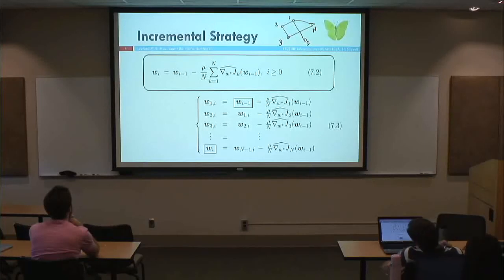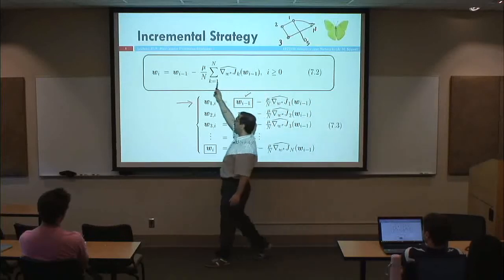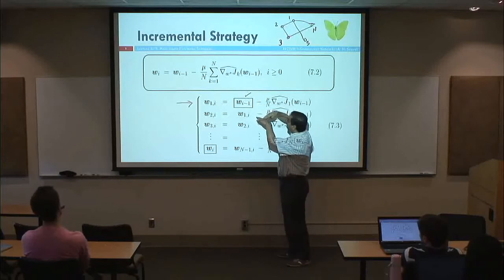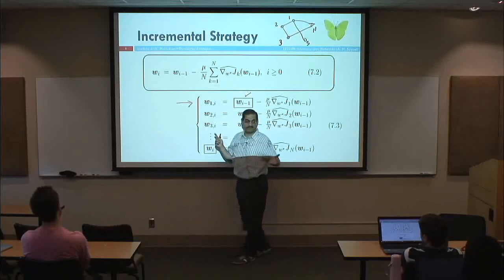I'm going to start from agent 1. So agent 1 starts from the current estimate, which is Wi minus 1. You see, this is the centralized solution. The new estimate is the old estimate minus the sum of gradients. I can compute this update by asking every agent to add one element of the sum.